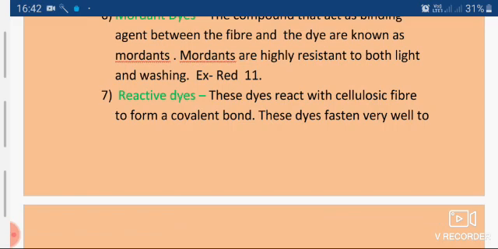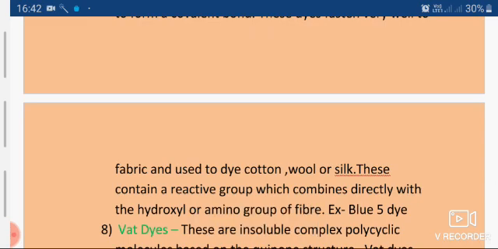The next is reactive dyes. The dyes which react with cellulosic fiber to form a covalent bond are known as reactive dyes. As they form covalent bonds which are stronger, these reactive dyes fasten very well to the fabric and are used to dye cotton, wool or silk.